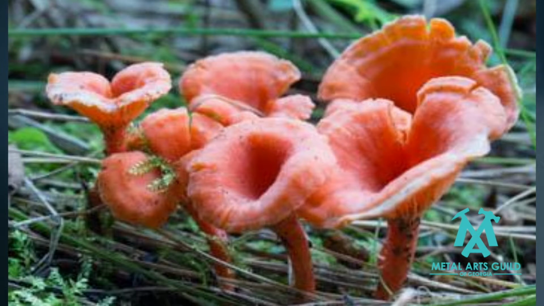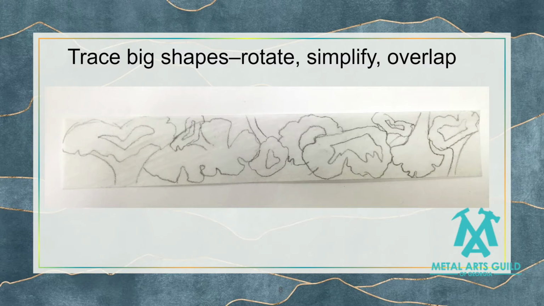They find an image that they like, something about whether it's a shape, a texture, and then they trace different parts of that image and combine it to create a design with positive and negative space. So here's my piece of tracing paper where I traced different shapes from the mushrooms that I really liked.